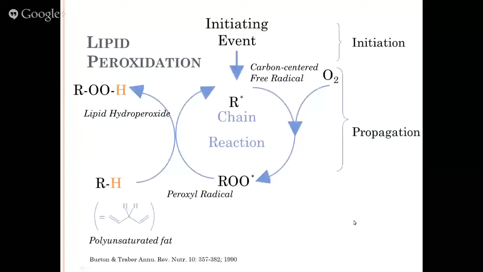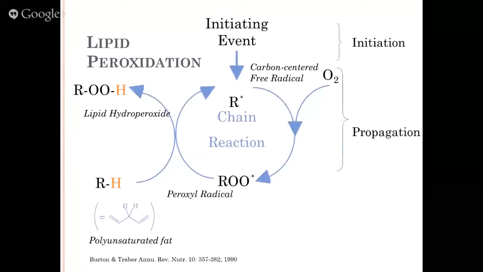Well, lipid peroxidation happens in membranes where you have polyunsaturated fats. And unlike other kinds of peroxidation events, lipid peroxidation is dangerous because it is a chain reaction. That chain reaction turns out that it creates more radicals.